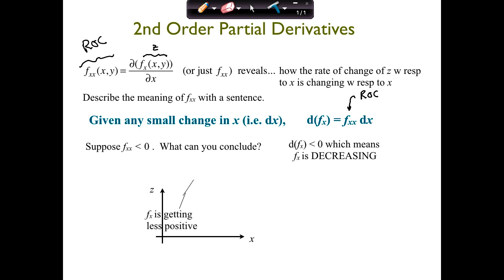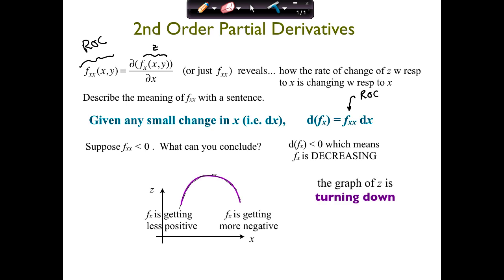So if the rate of change is decreasing, it could be getting less positive or it could be getting more negative. But in both cases, the graph turns down as x increases. I like "turning down" better because it relates to the fact that x is increasing in this process.